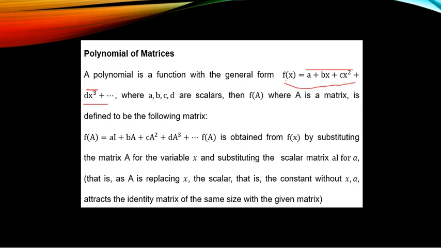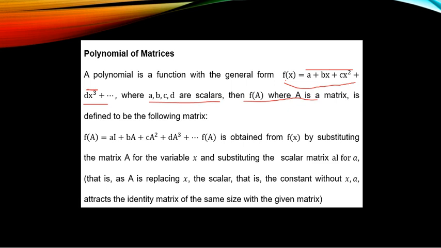Where a, b, c, d are scalars, that is, they are constants, we are to look for f of A, where A is a matrix. From the given polynomial, you can find f of A, that is, when matrix A is substituted into the function in place of s.